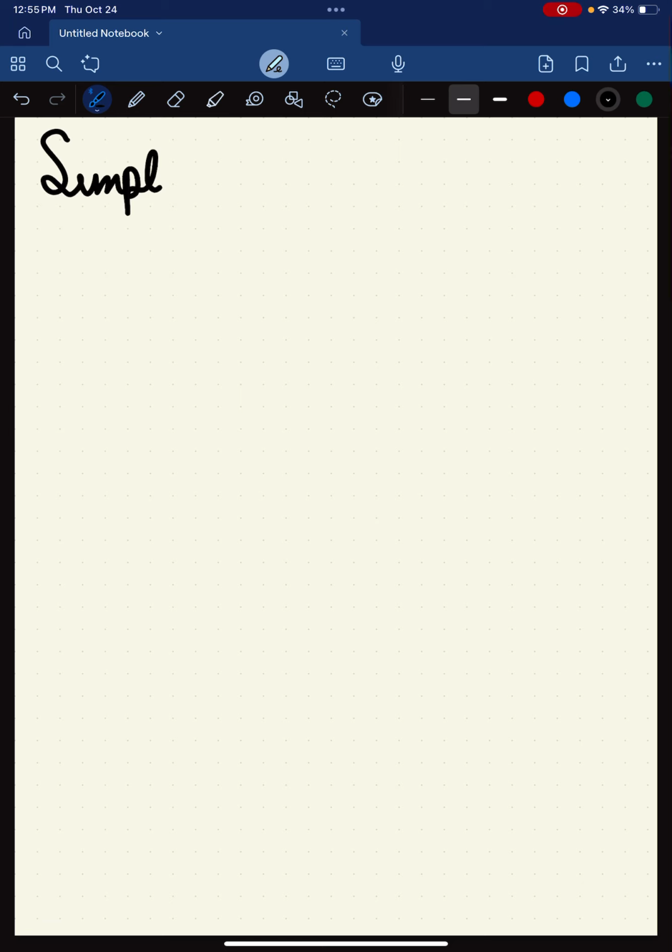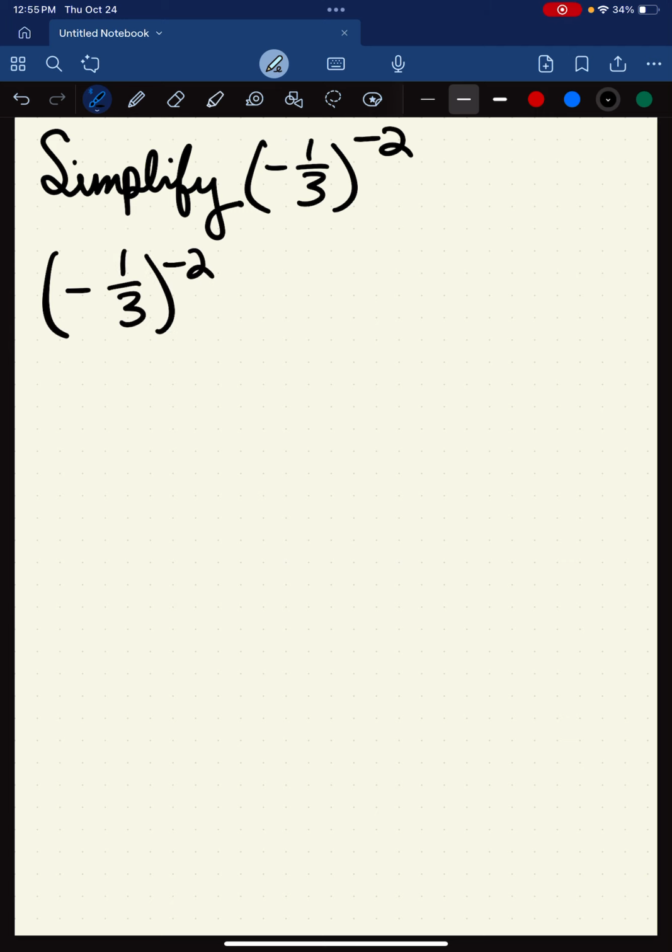Okay, let's simplify (-1/3) to the -2. Okay, remember that (-1/3) to the -2 is going to be... let's see, which one do we want to do first?